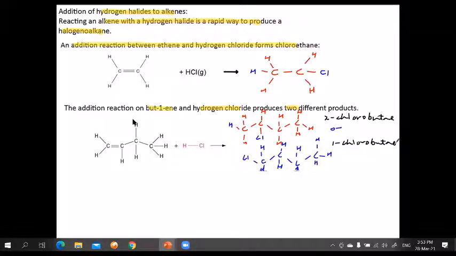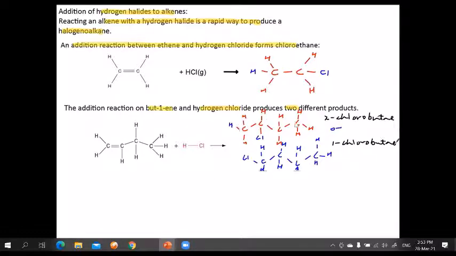So with this addition reaction of but-1-ene and hydrogen chloride, here's your structure. With the HCl, either the Cl is added to the second carbon and then the hydrogen to the first, or the Cl is added to the first carbon and then the hydrogen is added to the second carbon. So that's what we have here.